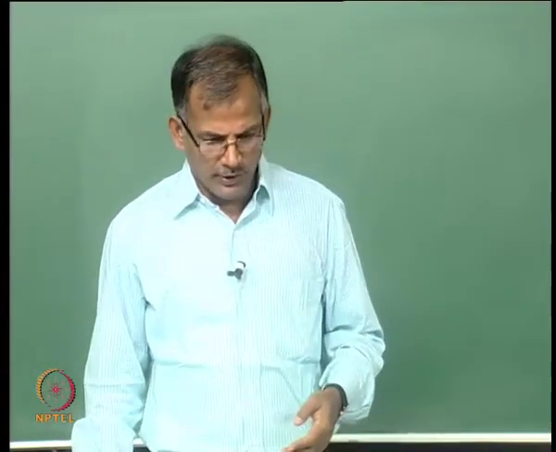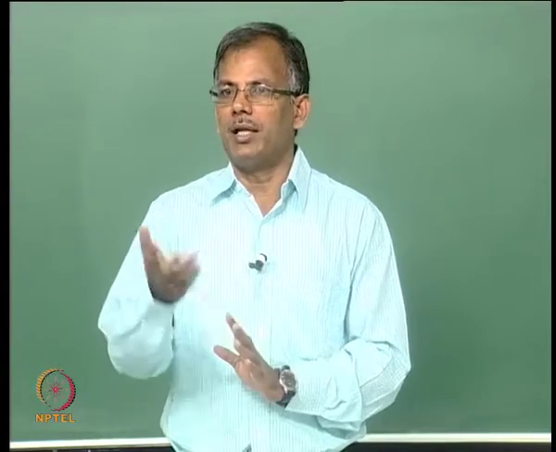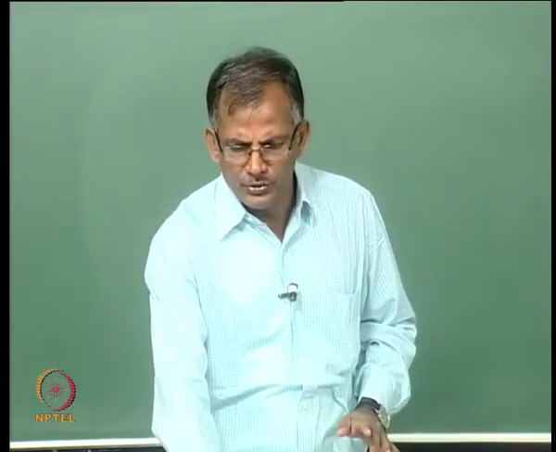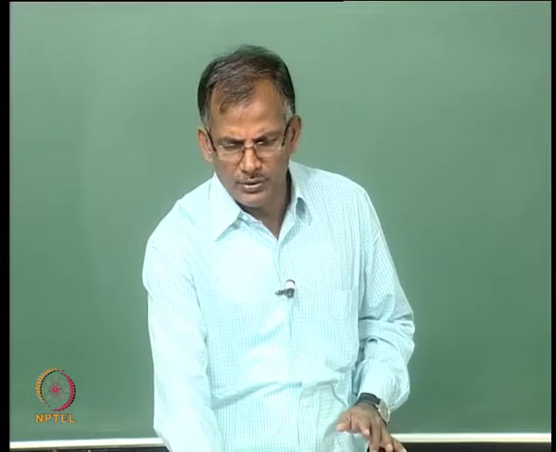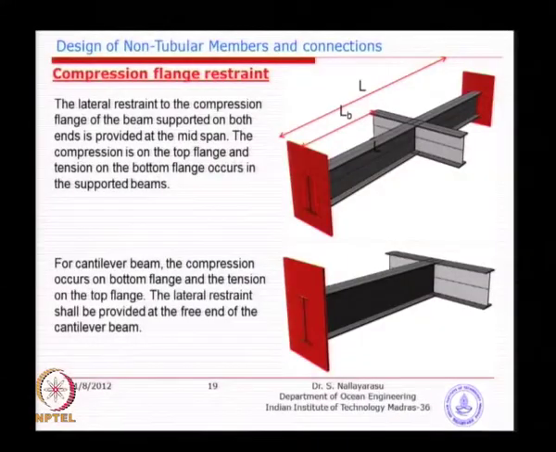So, you need to find out how they are restrained. Unless you have restriction, like yesterday I showed some pictures, something like this, if you have restriction of the member against rotation, then you can specify that length instead of the full length.